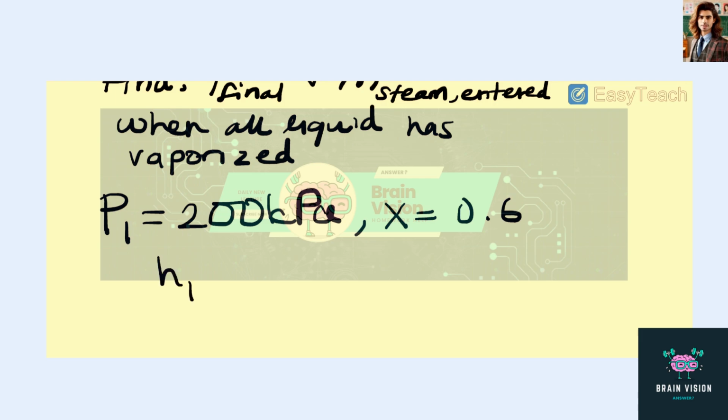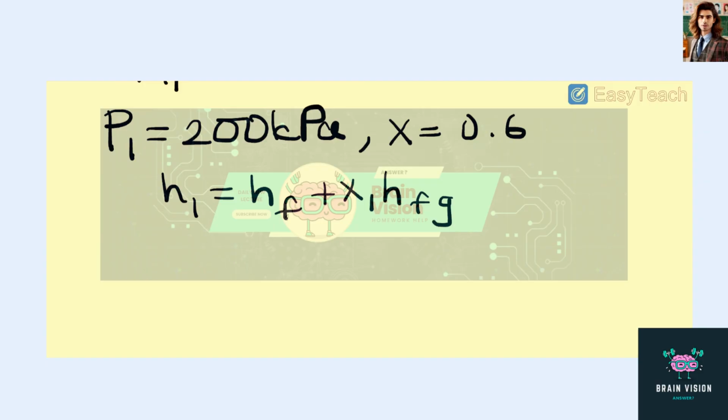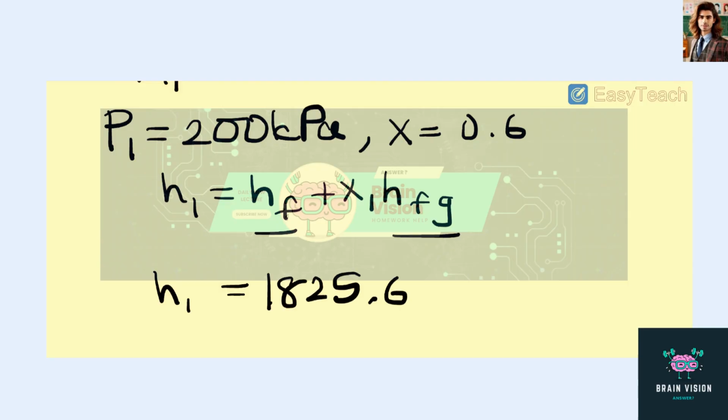So by using this equation, we can solve for our enthalpy. H1 is equal to hf plus x1 hfg. Now using the values from the table, we can find hf and hfg, and we find that H1 is equal to 1825.6 kilojoules per kilogram.